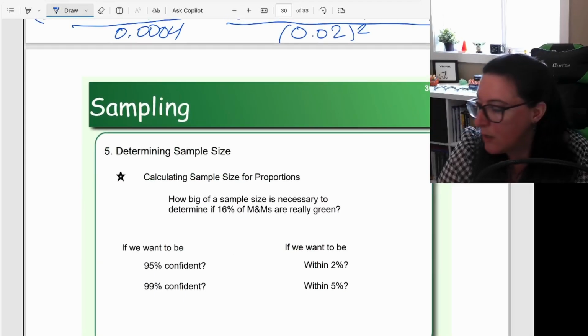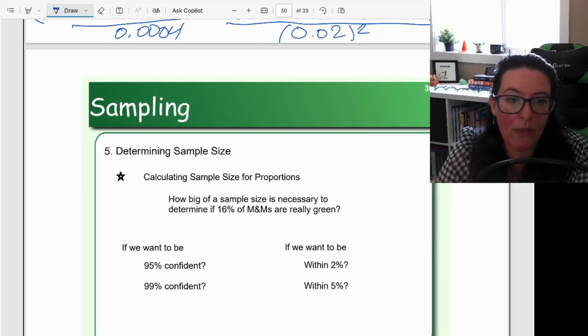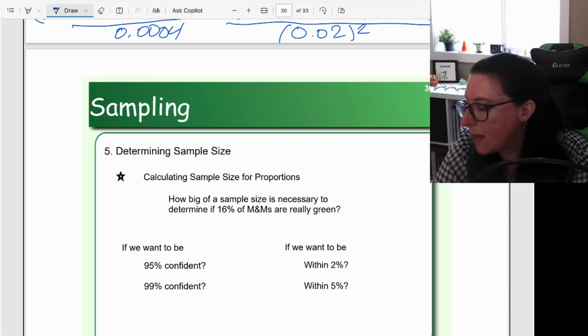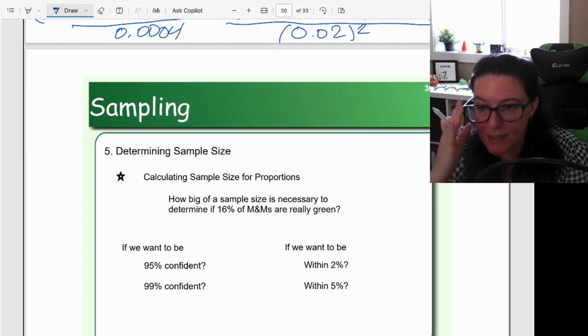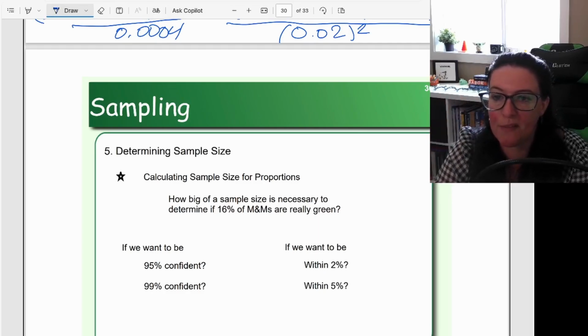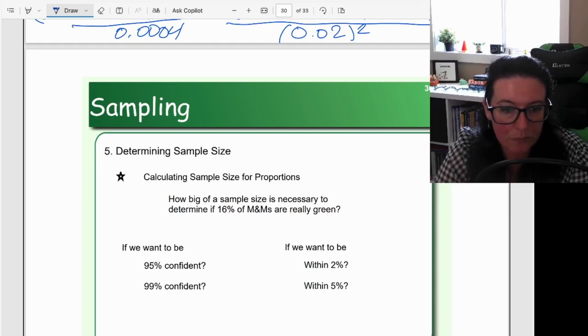Okay. So we could do another example of sample size with proportions. How big of a sample size would be necessary to determine if 16% of M&Ms are really green?